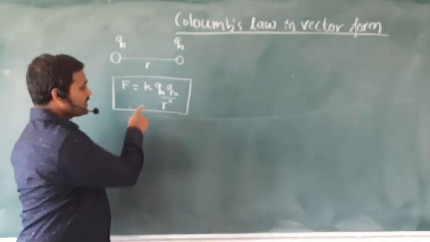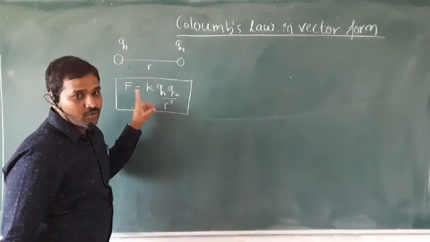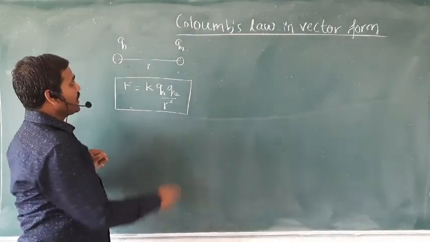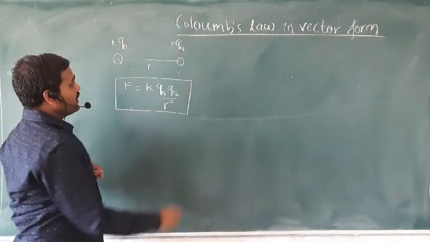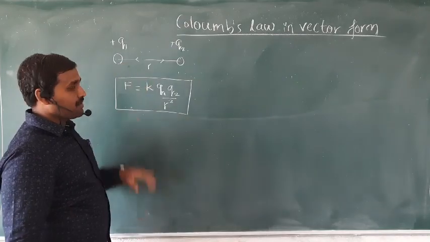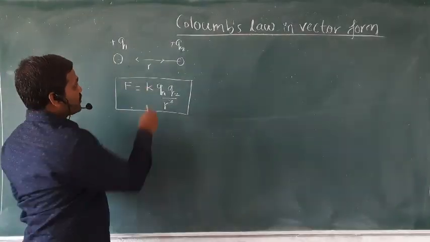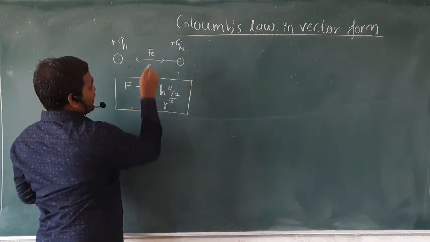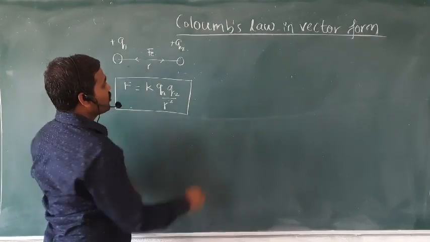But when we consider this equation, we are not specifying the direction of force. Let us consider these two charges are positive. So there will be a repulsive force between these two charges because they are like charges. This electrostatic force will be acting on Q1 as well as Q2.